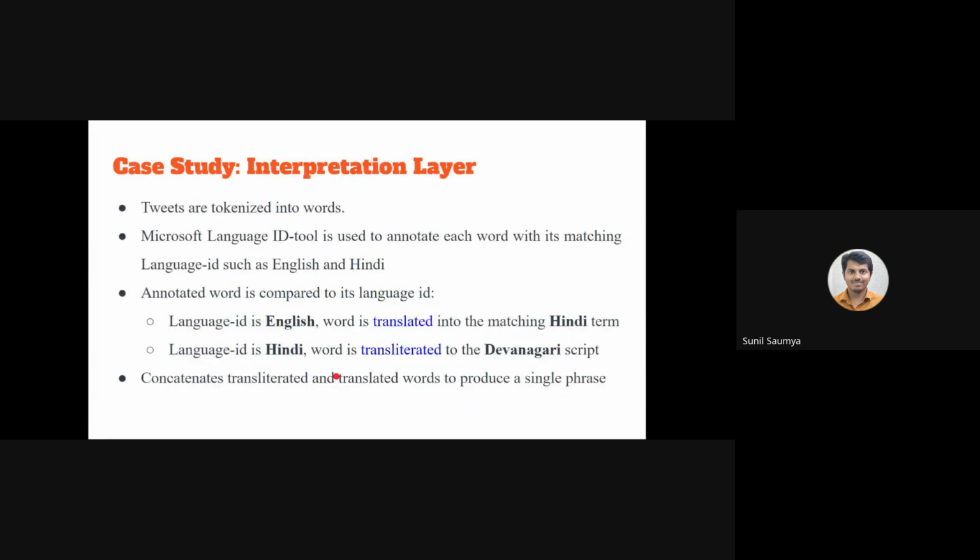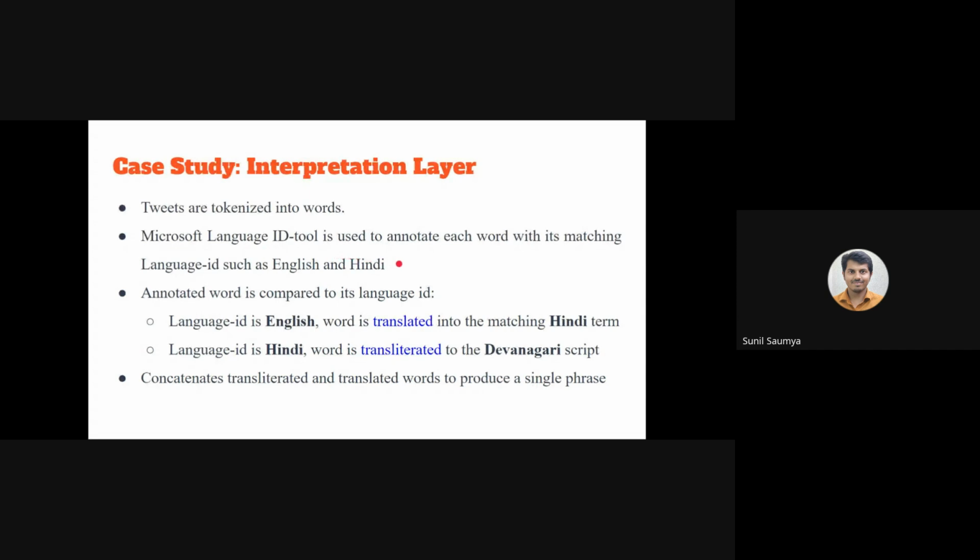After the pre-processing, the next block, which I had shown you in the previous diagram, was the interpretation layer, and this was the most important layer which we developed. For that, first of all, we tokenized the tweets into words, and using a language ID tool, we annotated each word.